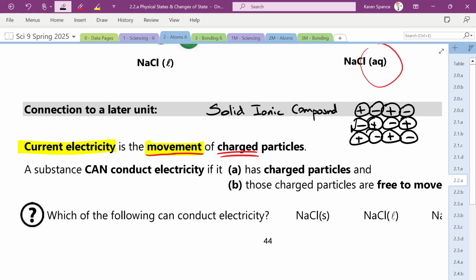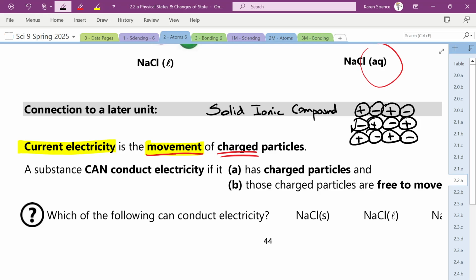Any guesses? What's going to be attached to that sulfur? Yes. Oxygen. How many? 4. Okay, so we have S, and an O, and an O, and an O, and an O. And that right there is sulfate.